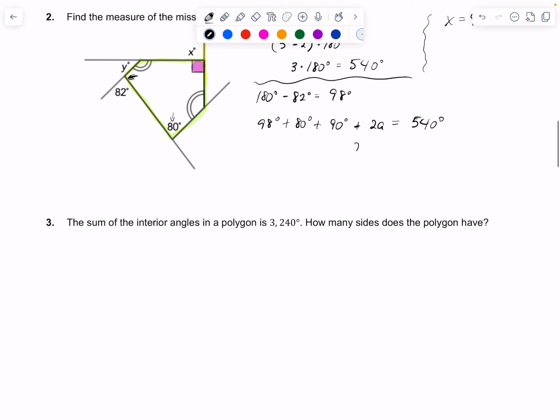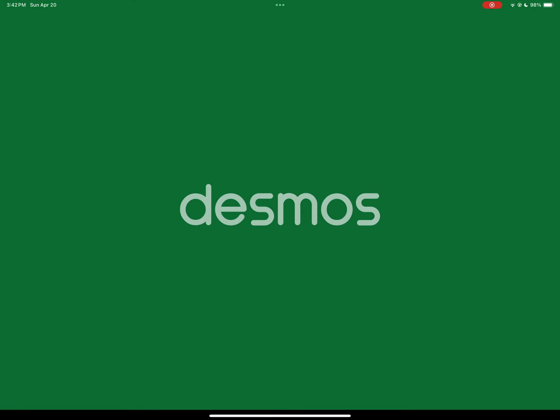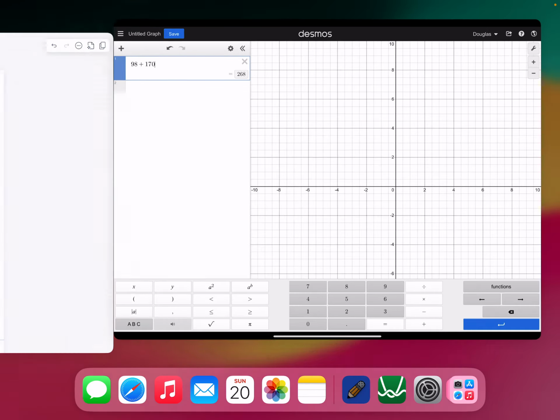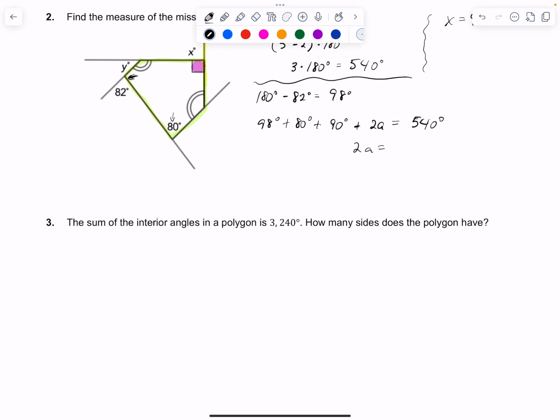Okay, so adding those together and then moving them over with subtraction, I have 98 plus 170, and then that is going to be subtracted from 540.